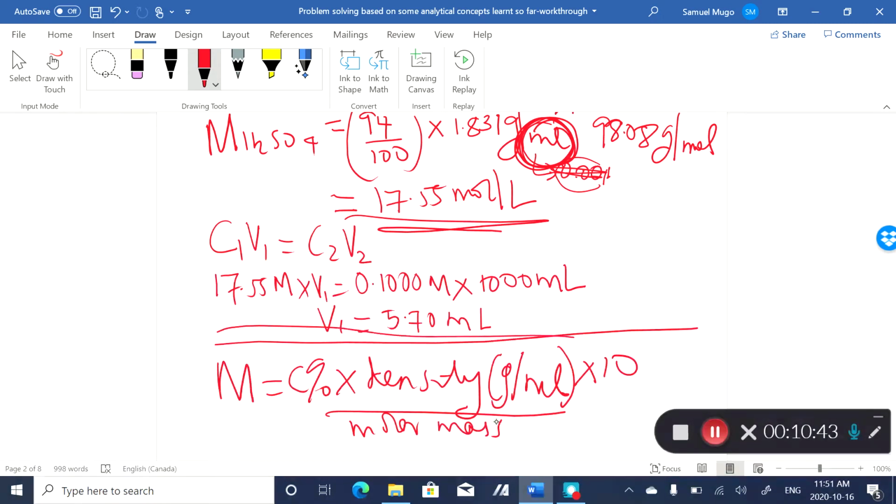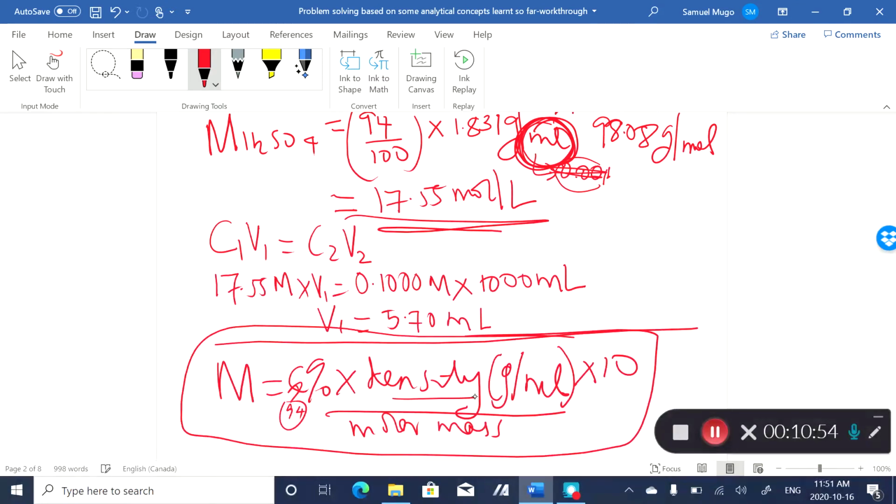So if I were you, I would remember this relationship, and it's fairly easy. All you're going to need to do is substitute 94, and then the density in grams per mL to whatever you've got, 1.831, and that's it. Multiplied by 10 and divided by the molar mass, you'll be able to get this. And so this is the relationship that typically you would use.